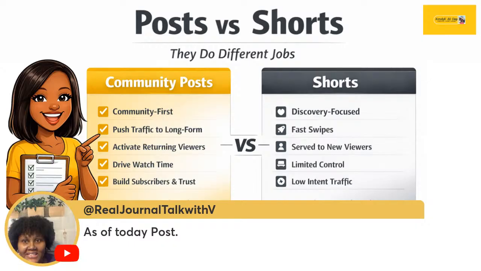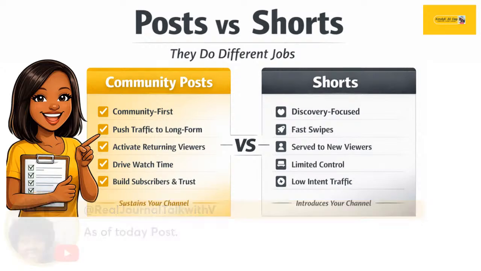And then the YouTube algorithm uses your community posts to help build community by sending out every one of your posts to your subscribers and to your most recent viewers so that you push traffic to your long format content and your live streams. And every time you create a post, if you do it strategically, you will help the YouTube algorithm better understand what kind of content you're putting out on your channel, what your niche might be, or what your interests are.